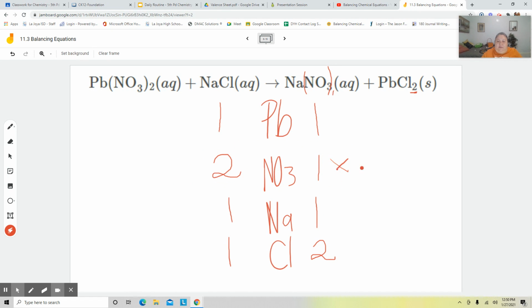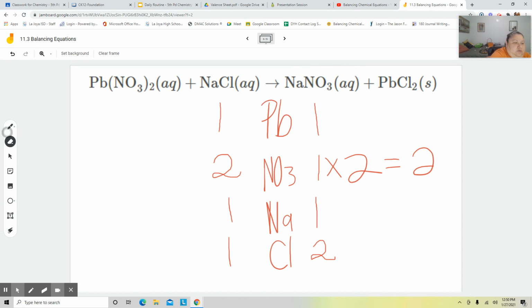What am I going to multiply by in order to make this into a 2? Very good. I need to make a 2. I'm going to multiply by 2. Okay. Let me erase this.